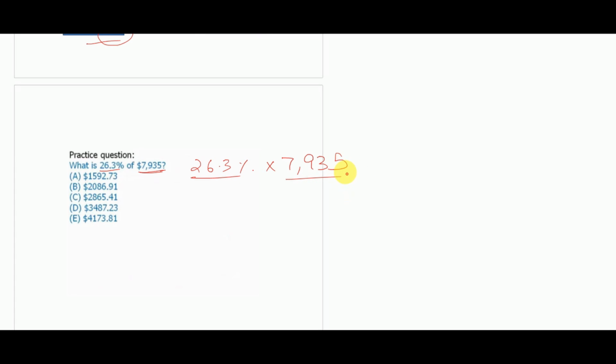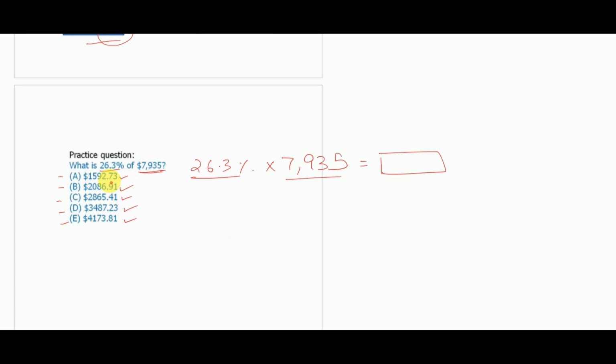Now you can clearly see that to get an exact answer, you would need a calculator. I don't have such good mental math skills to solve this question exactly. But one thing you should notice is the options A, B, C, D, and E. Option A is approximately 1592, option B is 2086, option C is 2800, then 3400, and 4100 and some change.